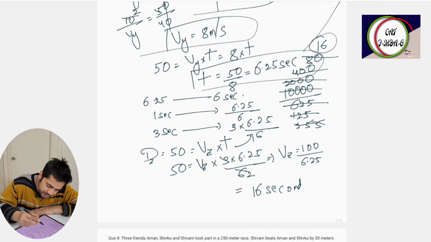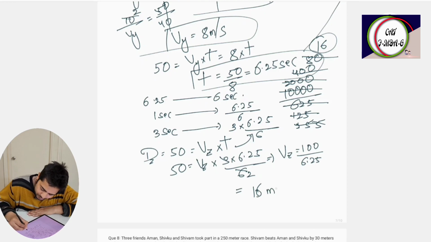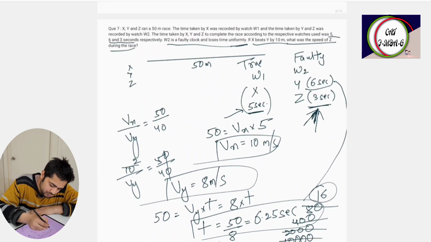Sorry, 16 meters per second. Vz is 16 meters per second. So the right answer is 16 meters per second.